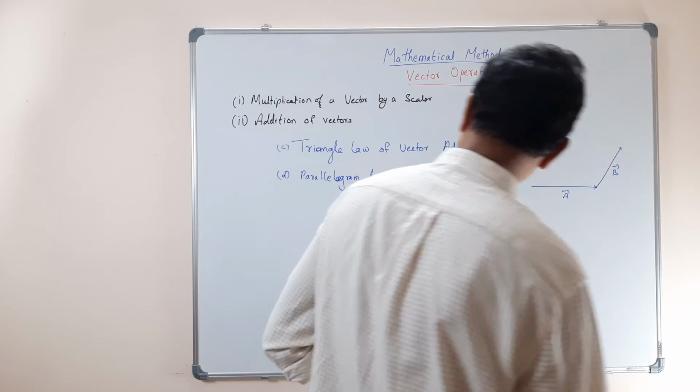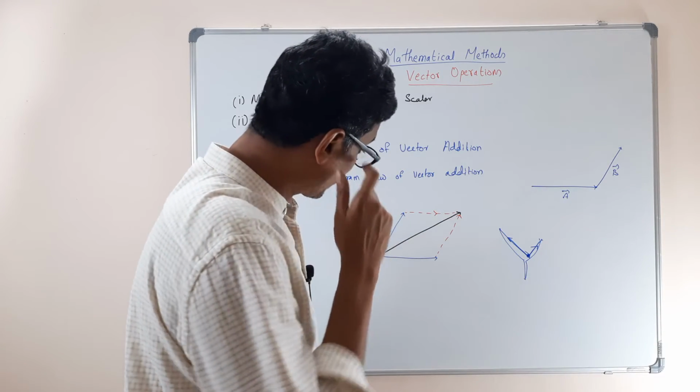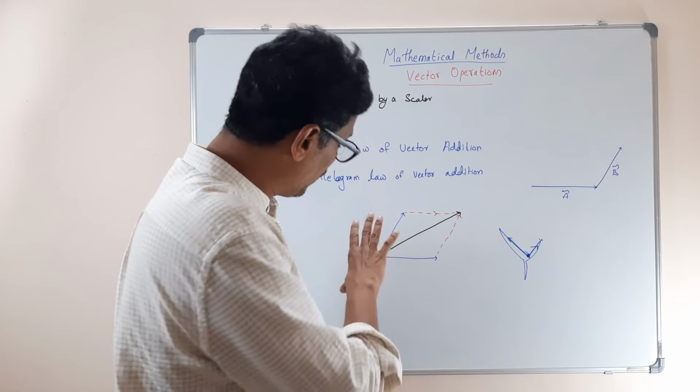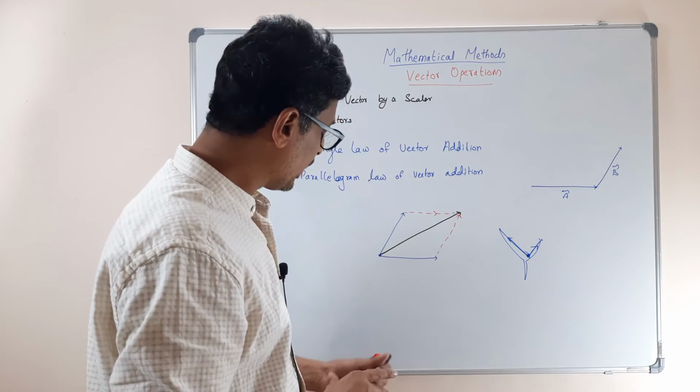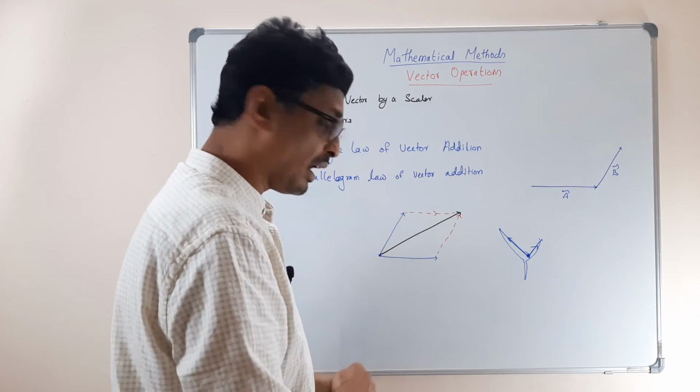What is important in the parallelogram law of vector addition is that when you construct a parallelogram, you can actually get the magnitude of the resultant vector.